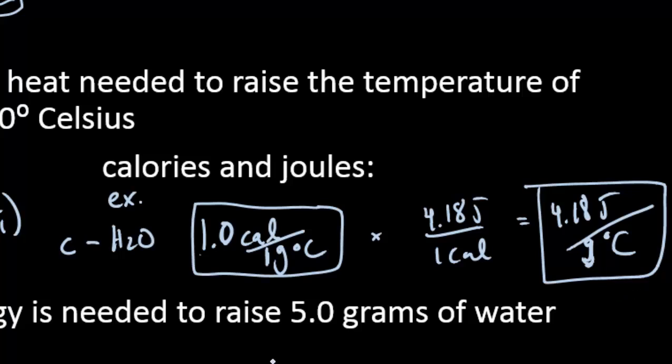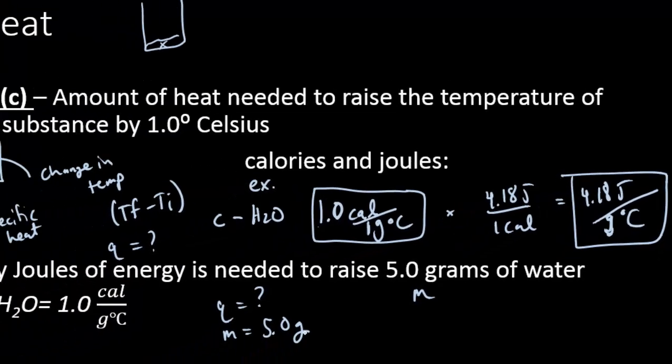So I have a little example here. How many joules of energy is needed to raise 5 grams of water by 10 degrees Celsius? It gives me the specific heat of water. So it's asking for how much energy is needed, and we have some givens here. 5 grams by 10 degrees Celsius. There's a change in temperature, and we can go ahead and plug in what we know. So Q is equal to question mark. Mass is equal to 5.0 grams.